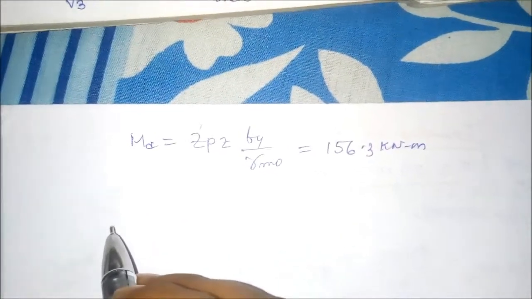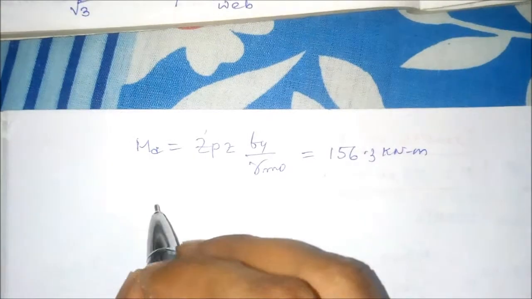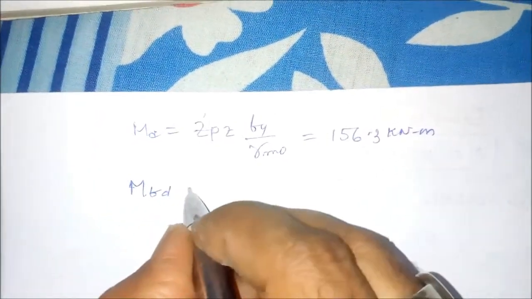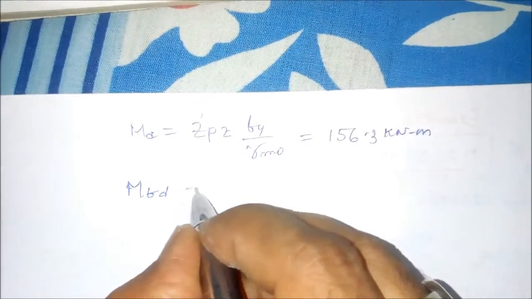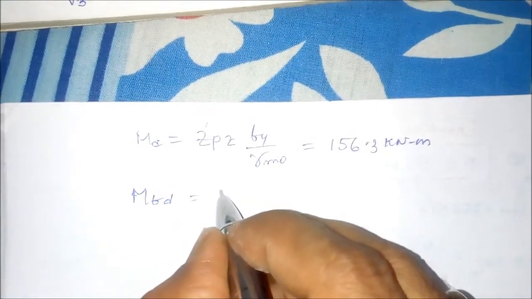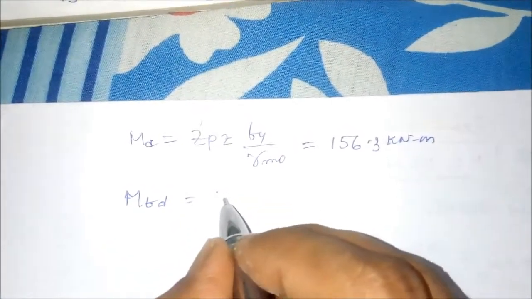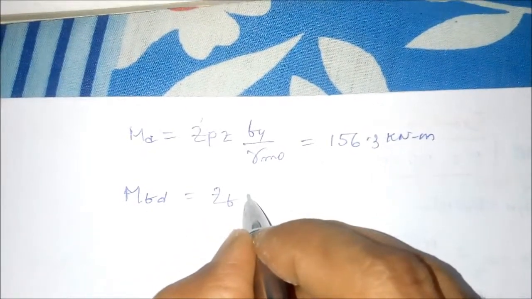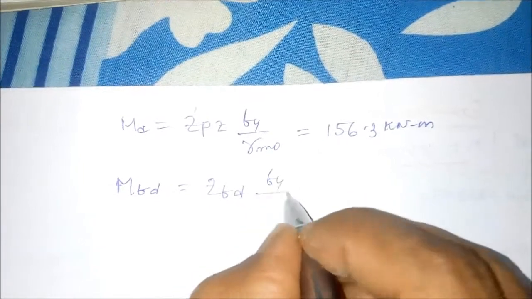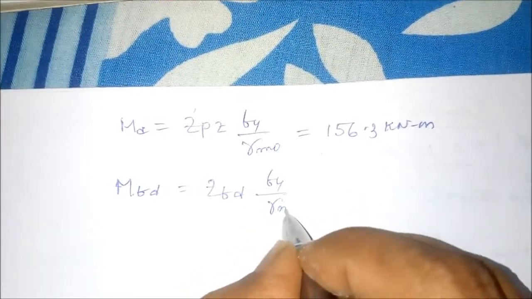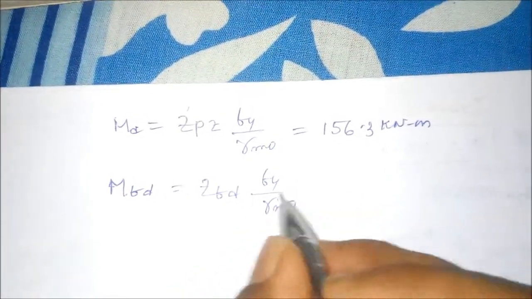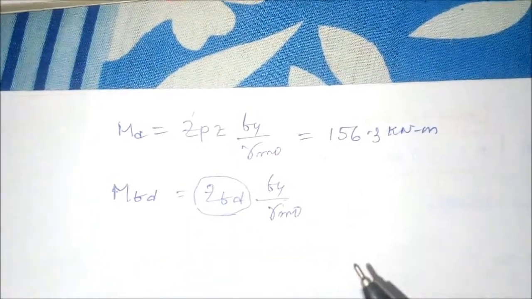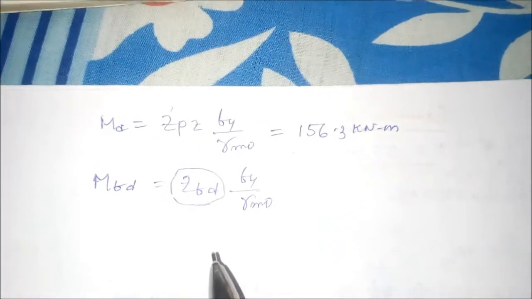Now to find out this value MFD, the equation is, you need to find out one another thing, that is Zfd Fy divided by gamma m0. Now Fy is known, gamma m0 is known, but you need to find out this term Zfd.